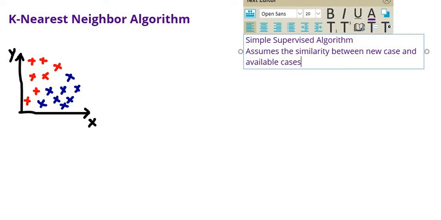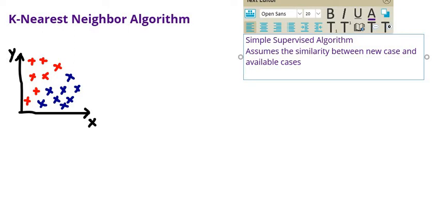From this it analyzes and identifies under which category this new case is to be put. Based on that, it takes the new case into the available category.